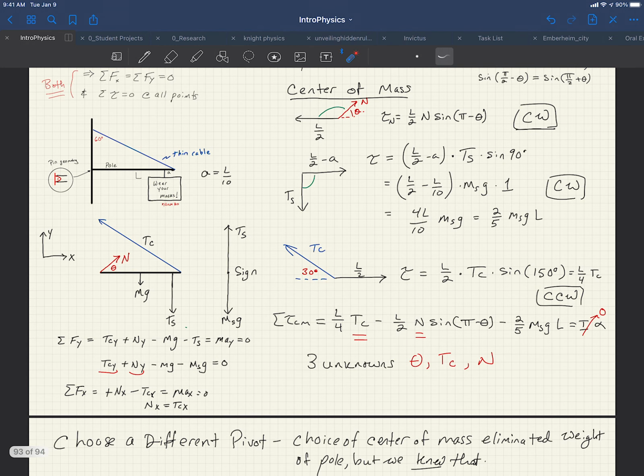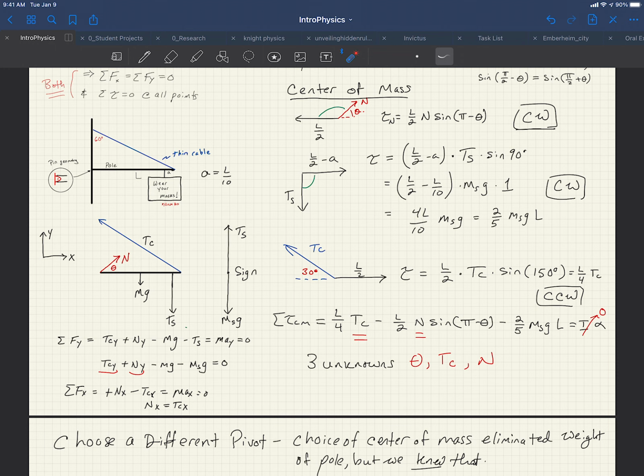So now we have our final torque to consider, and that is we have TC. So TC, or the tension in our cable, it's acting up at that angle, which is, because this is 60 degrees, that's 30 degrees. That's what this comes from. And so the angle between these is going to be 180 minus 30, or in terms of radians, pi minus pi sixth.